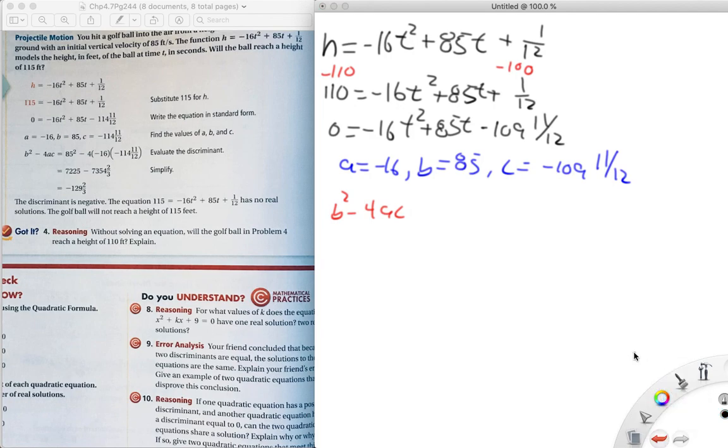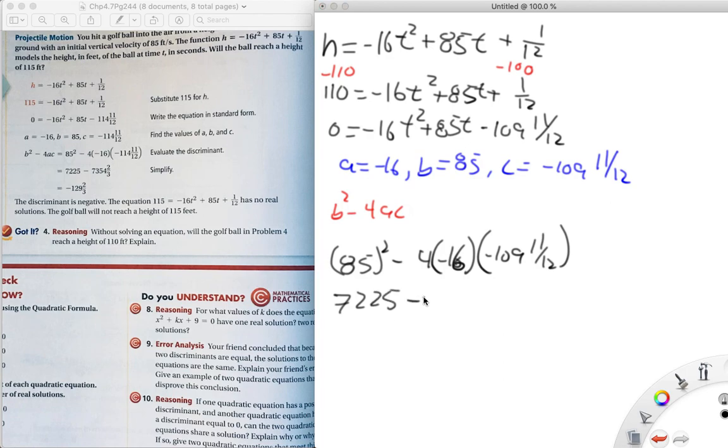So when we plug that in, it's going to be negative 85 squared minus 4 times a, which is negative 16, times c, which is negative 109 and 11/12. Well, 85 squared is a big number, 7225.